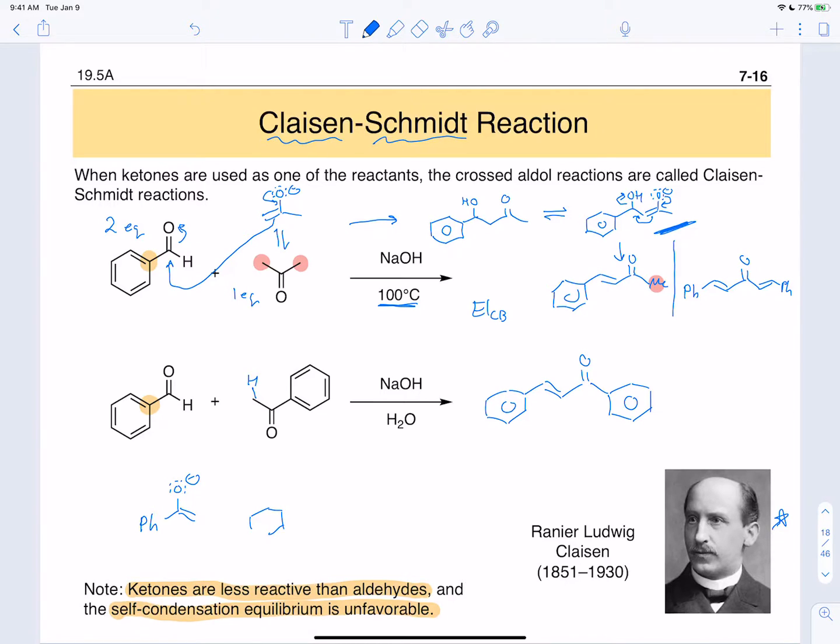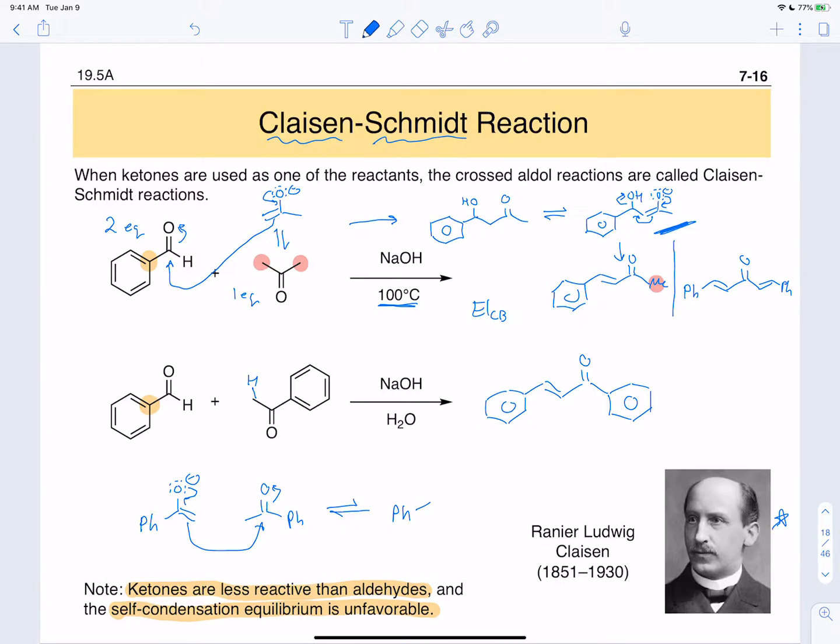So I'll keep it as a phenyl for consistency. So this reaction we would expect now to be slow and probably will not be favored overall.